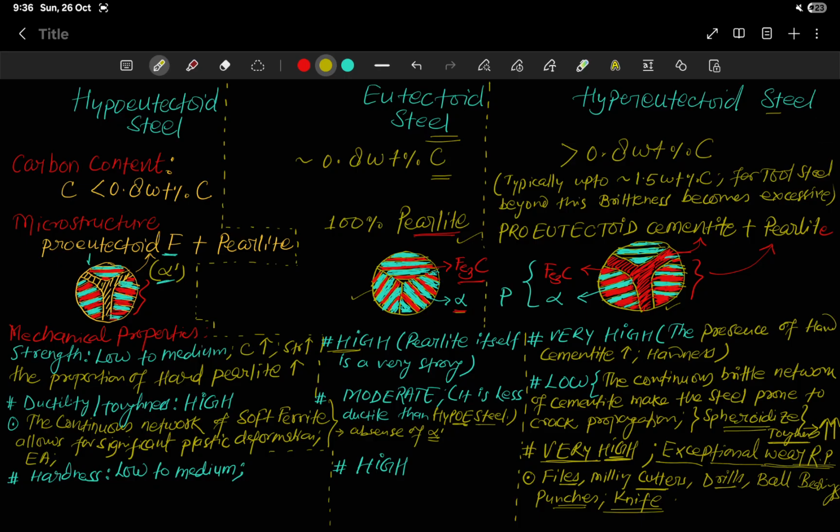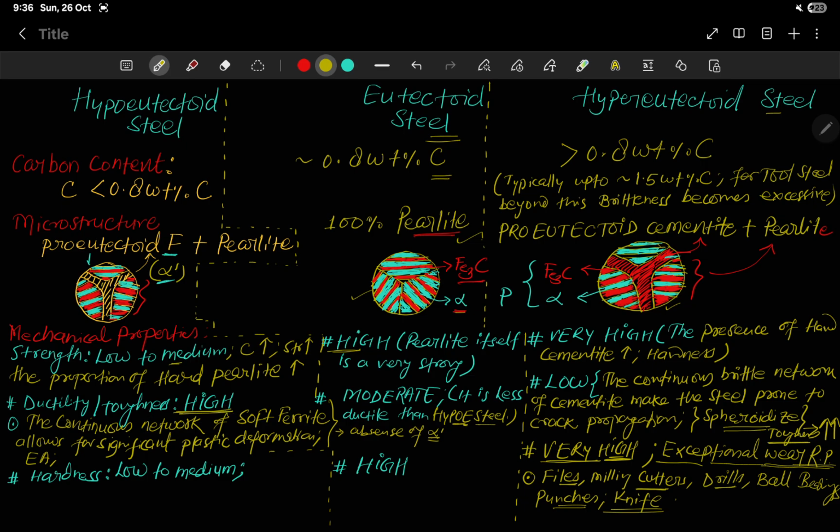Now let's explore hypoeutectoid steel. In hypoeutectoid steel, strength is low to medium, but its toughness is very high.